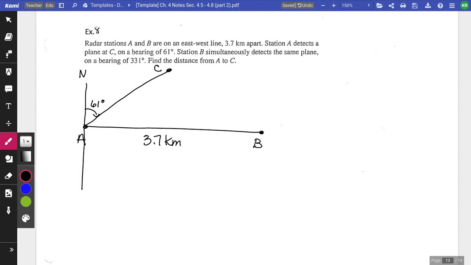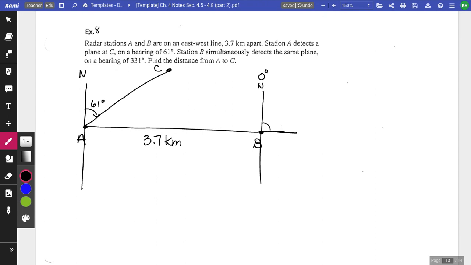Station B simultaneously detects the same plane on a bearing of 331 degrees. So now B is the origin, your starting point. And then if you're going 331 degrees, so north, this is 0 degrees for north.